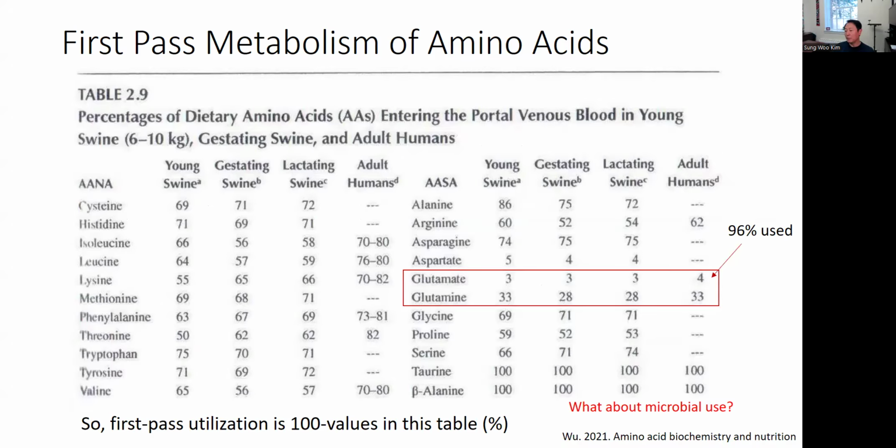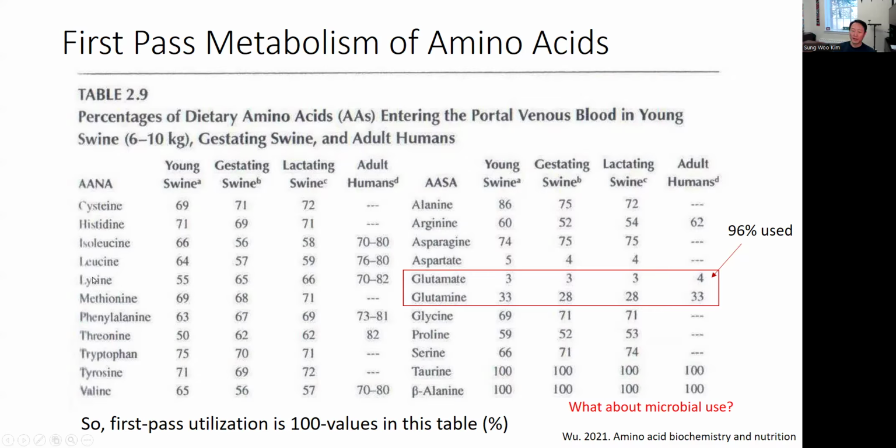This is a newer paper by Dr. Guoyao Wu, retired from Texas A&M, in 2021. He collected information also from his own research, and he updated this table. It's an updated table of Doug Burrin and Peter Reeds, but very similar. In the case of glutamate and glutamine, 96% are metabolized during first pass metabolism, including intestine and mucosal microbiota, even though we don't know the split.